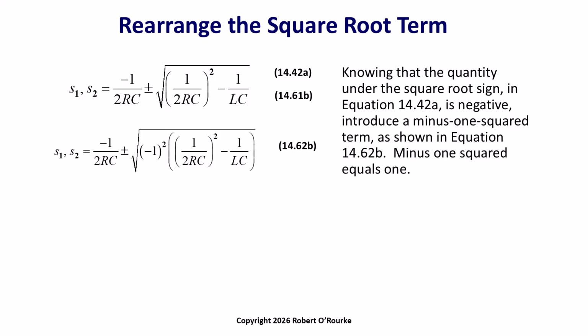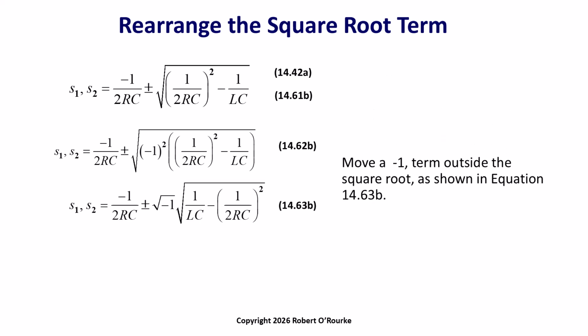Of course, minus 1 squared equals 1, so no overall change was made. But now we can take part of that minus 1 squared term outside of the radical sign.